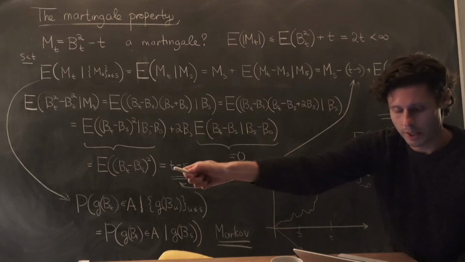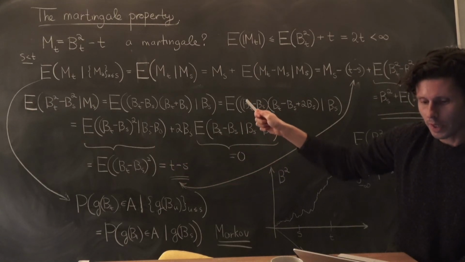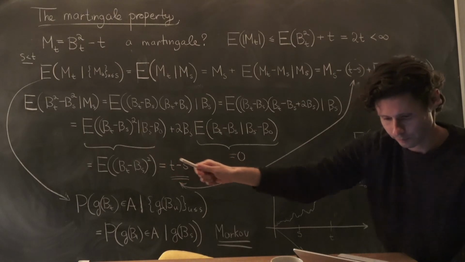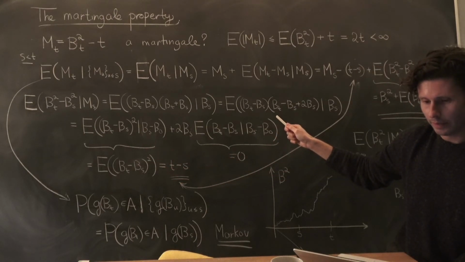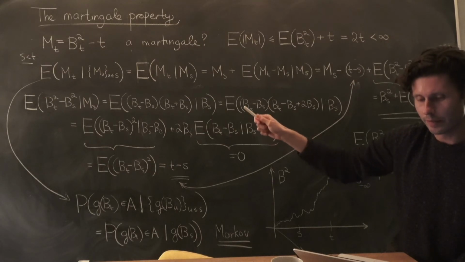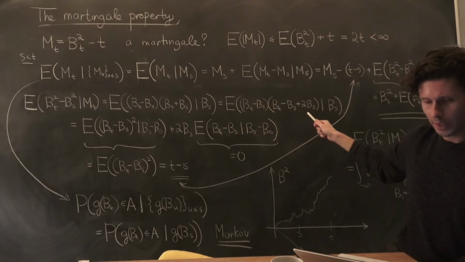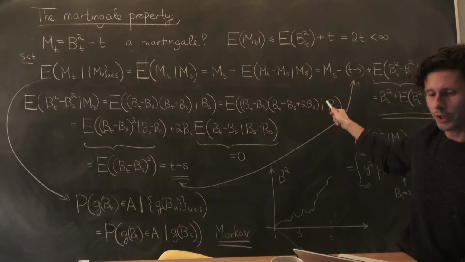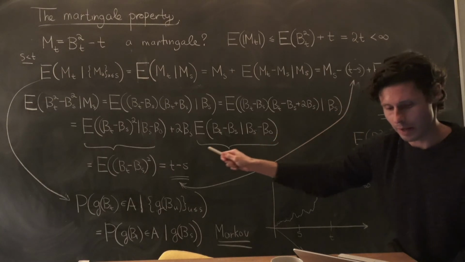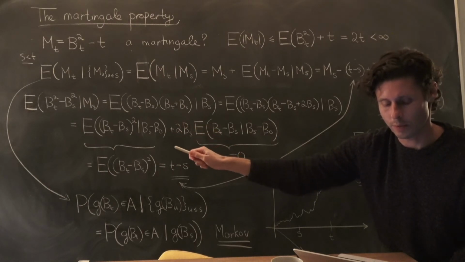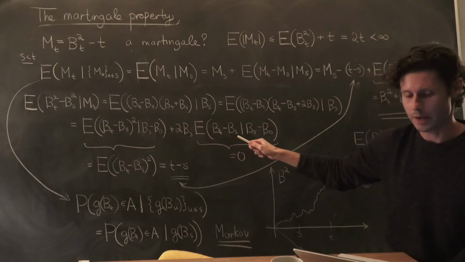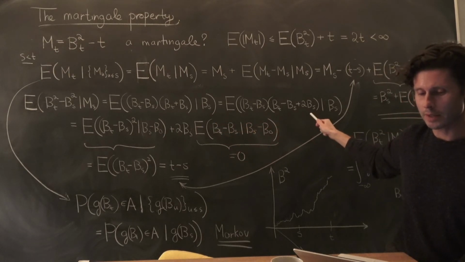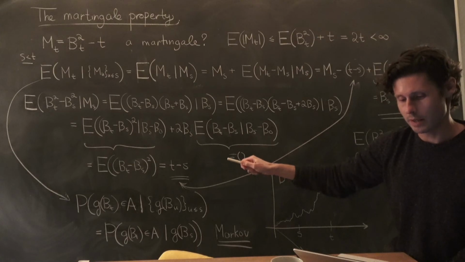So now you multiply things out. This increment times itself will give you that squared, and the other one will leave the increment and leave a factor 2b, which we know, since we're conditioning on bs, so 2bs will come out. That's why this is here. It's known, so it comes out of the expectation, and the increment itself that multiplied the 2bs is here, and its expectation is 0.